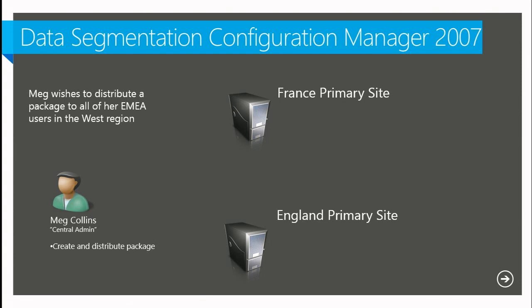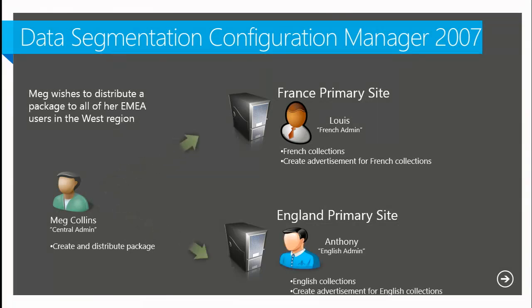So as you're used to in 2007, certainly you have the ability to administer and set up those administrative scopes using the site servers. In this case, I use France and England, and we've got Louis and we've got Anthony in the different sites.